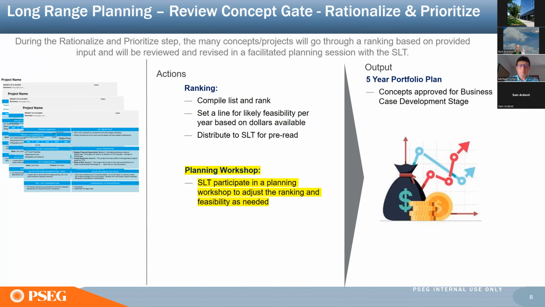We'll come up with a list and say, okay, here's our first snapshot of the 5-year portfolio plan, right? And the objective is to understand our own IT capital spend and illustrate to our business partners, hey, this is what we heard from you. This is an anticipated year-over-year capital spend for IT type projects.